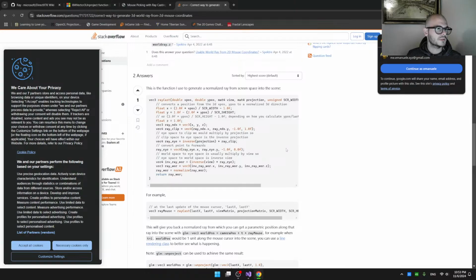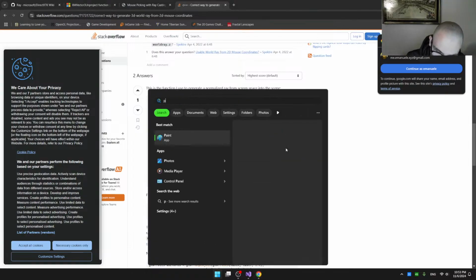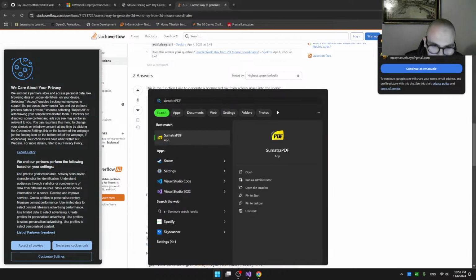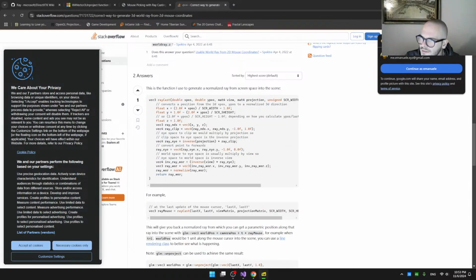Does it output clip space? Okay, it does, it's in clip space. So it's basically, let's pull out the Bible.